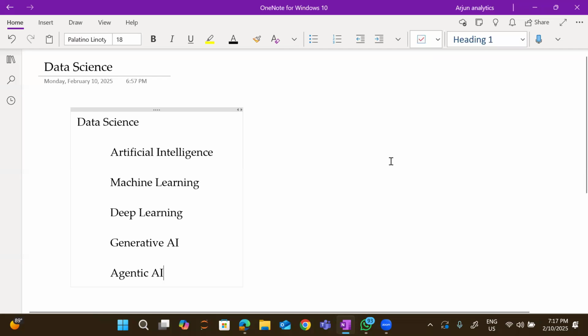Now, in this, because this is a generative AI course and our duration is 100 days, we may not be able to cover machine learning fully, but I will give you an overview of what machine learning is. So our entire flow will be something like this. We will start with artificial intelligence, then deal with deep learning, then generative AI, and we will go with agentic AI. So this is the entire thing we will be doing.